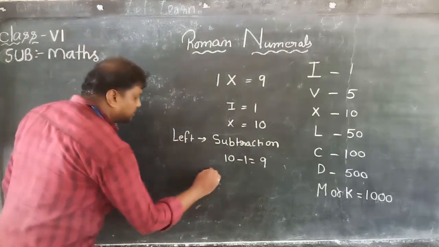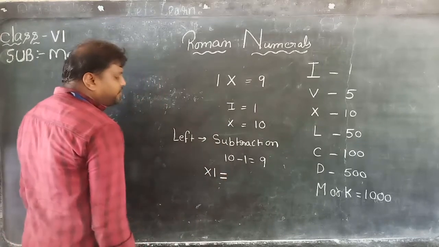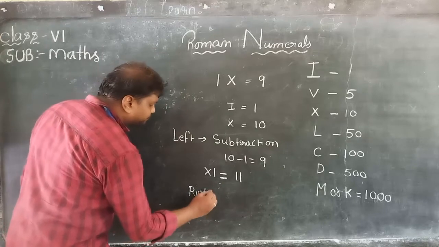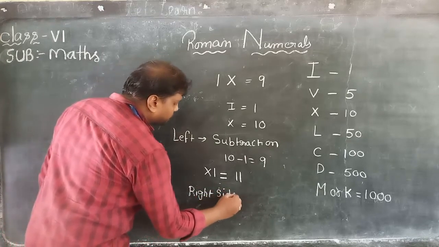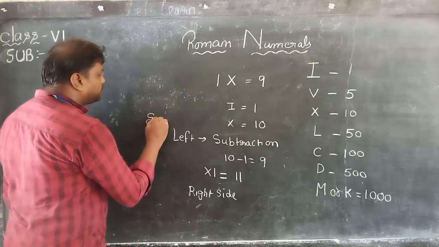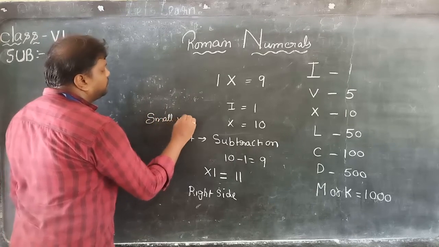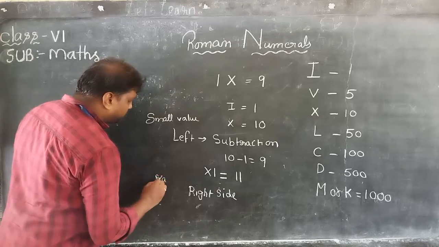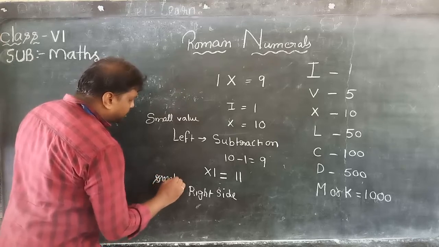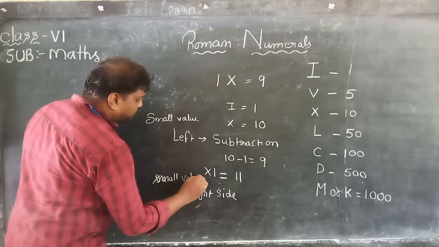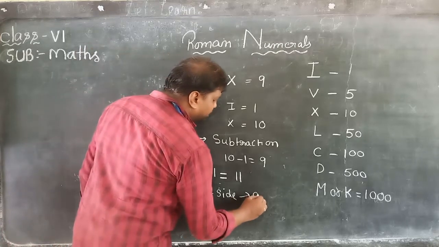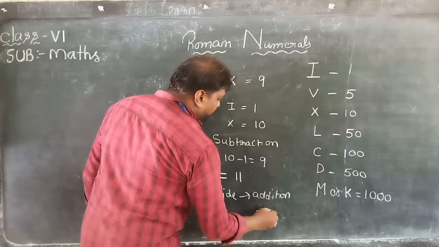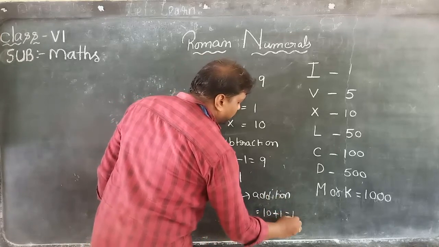Like that, what is the value of this one? 11. Why? Because the small value is on the right side, which means addition: 10 plus 1 is equal to 11.